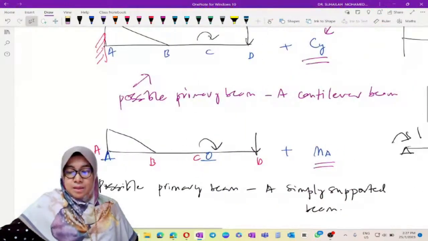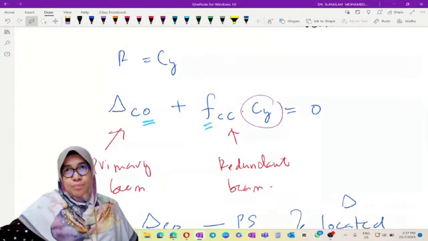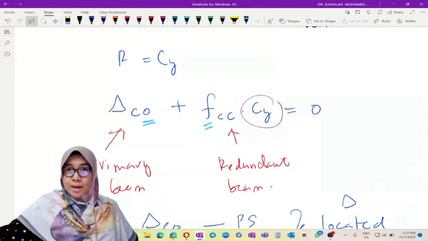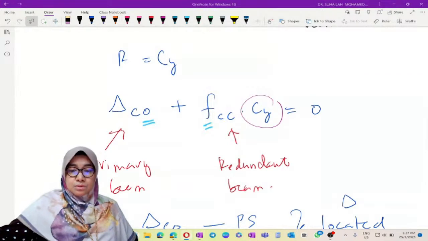From the redundant chosen, I have also explained how we write the compatibility equation, which is based on the displacement at the redundant position. So I have chosen CY as the redundant.